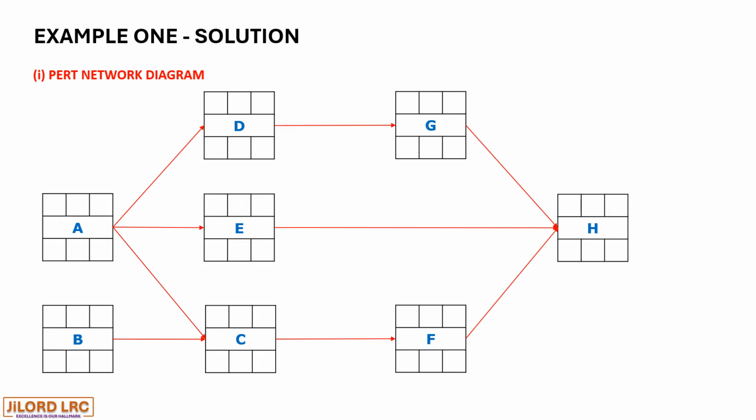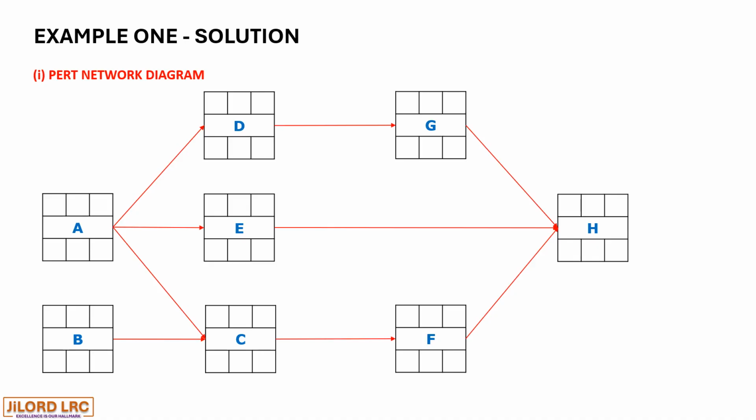As we are very familiar with how the PDM diagram is drawn, I will not belabor the calculation of the values that will be entered into the network diagram. That is to say, forward pass and backward pass and determining the float.